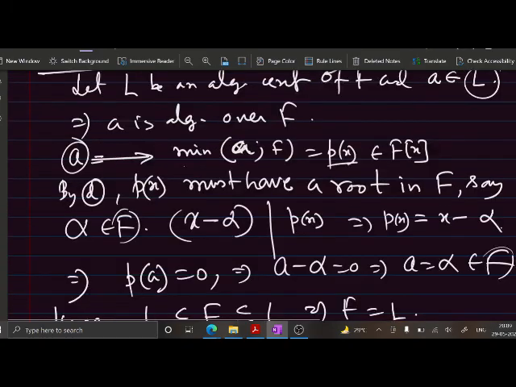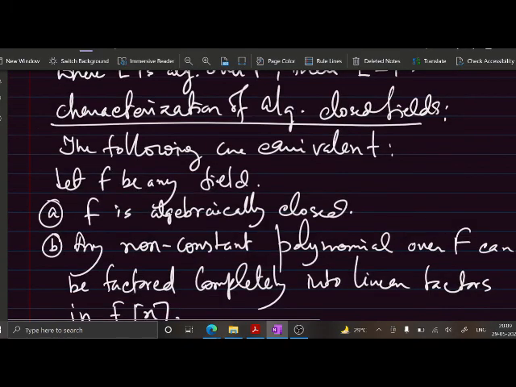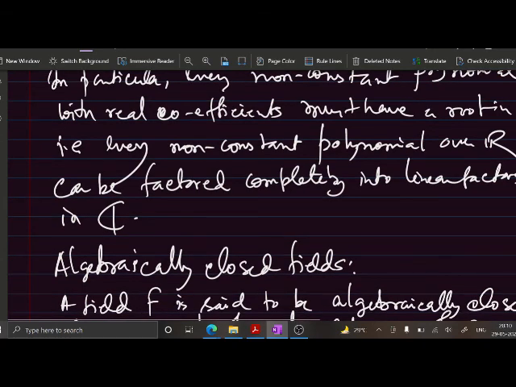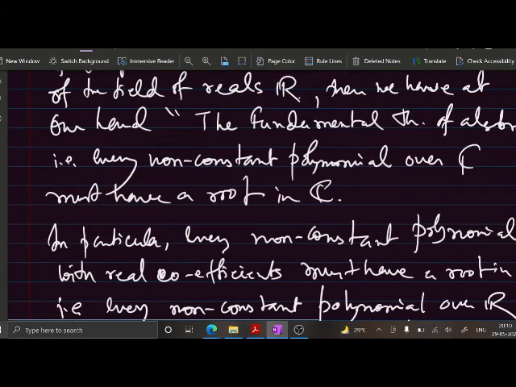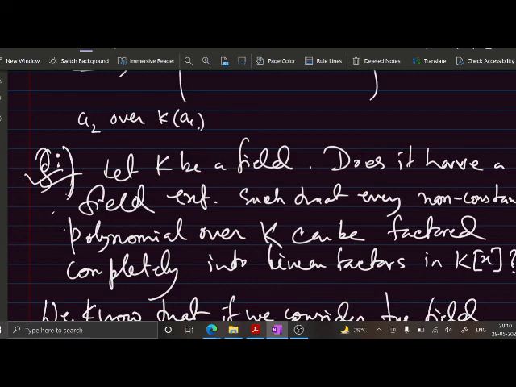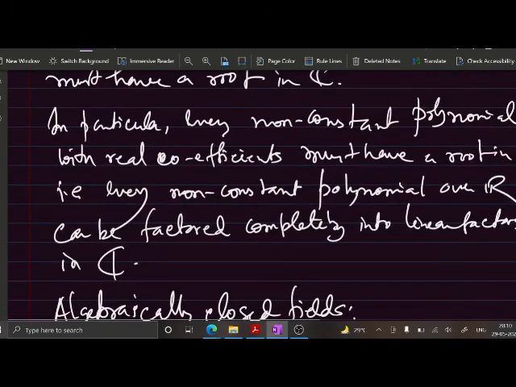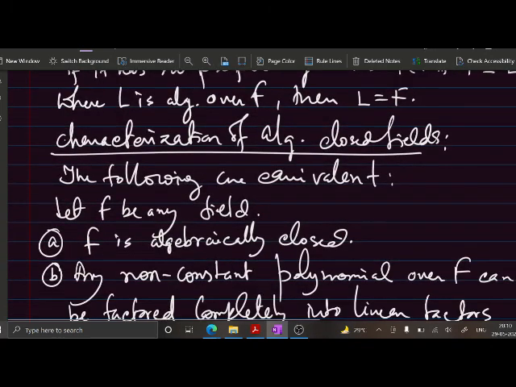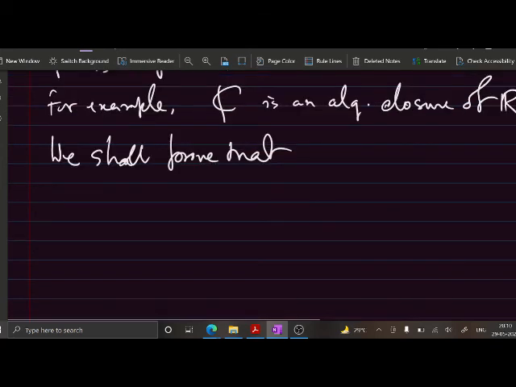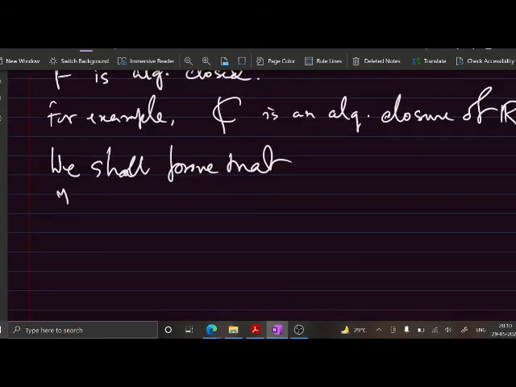the answer to our question that we have posed, that does it have a field extension such that every non-constant polynomial over K can be factored completely into linear factors in K[x], this answer is true. That is, we shall prove that is a very nice theorem, that any field will possess an algebraically closed extension.